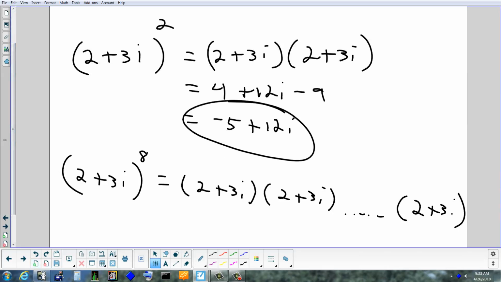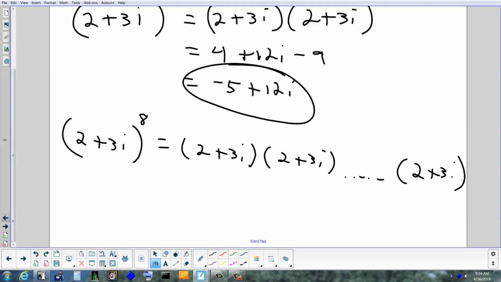I would do the first 2, and I already know what that comes out to. Then I would take that answer, multiply it by the next 2 plus 3i, and do it again, and again, and again. I'd have to do it 8 times. Little time consuming, but I could do it. It'd probably take me maybe 3 or 4 minutes to do all that out carefully.